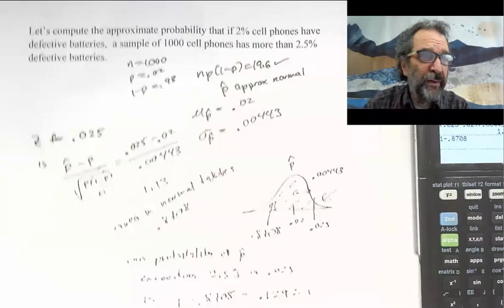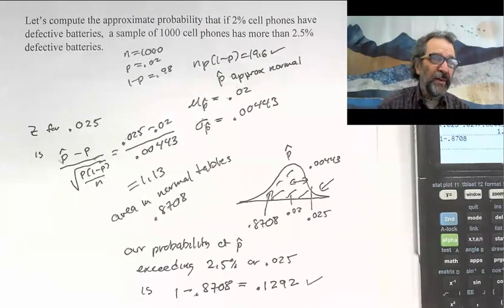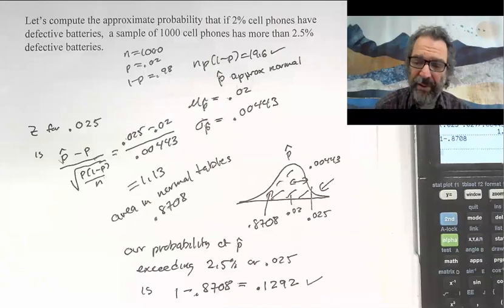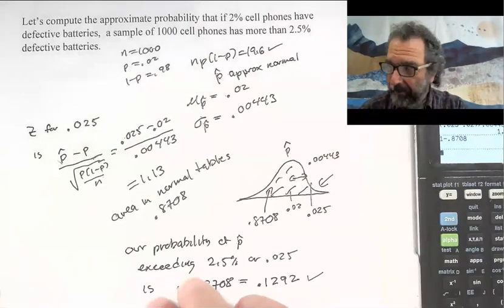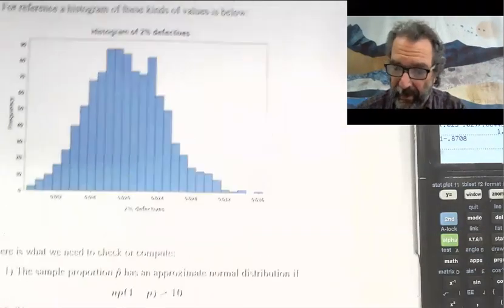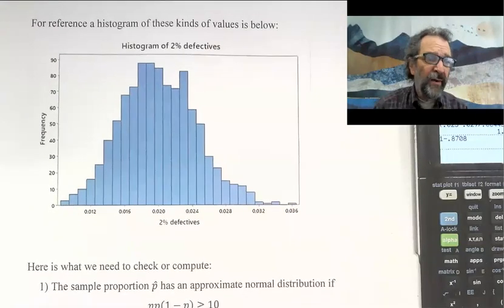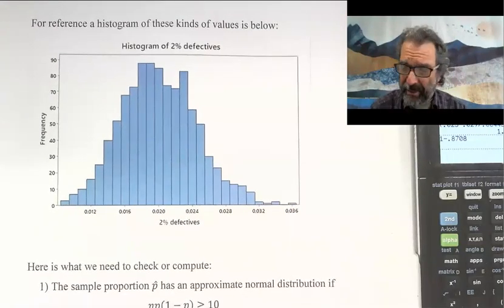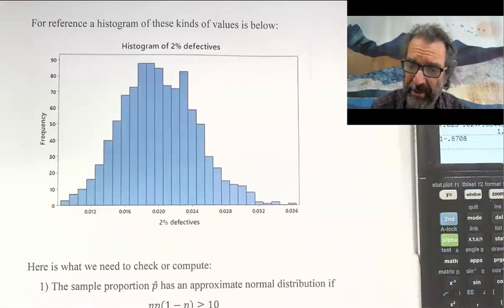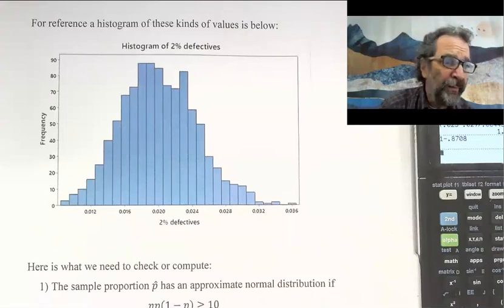So that just goes to show you that as long as you can show that the proportion is normally distributed, we can do business as usual. Let's keep going. It says here, just for our own peace of mind, here's a histogram of the situation.